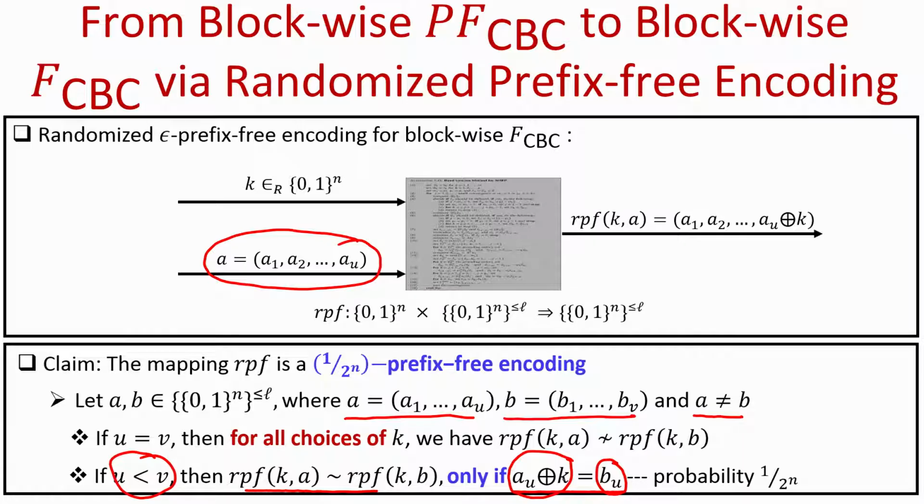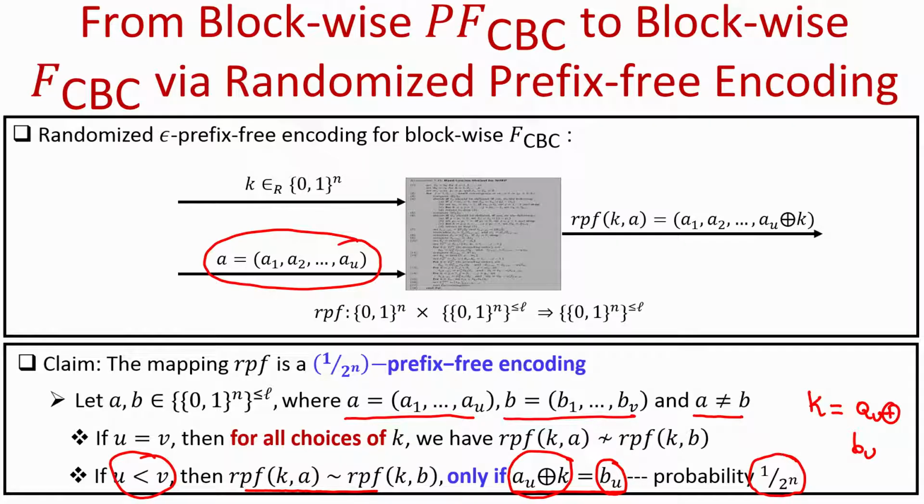But this holds only if the value of the key which is selected for doing the encoding is actually the XOR of the last block of A and the uth block of B. And since the key for the encoding is chosen randomly from the set of little n bit strings, the probability that indeed the key satisfies this relationship is 1 over 2 power n.